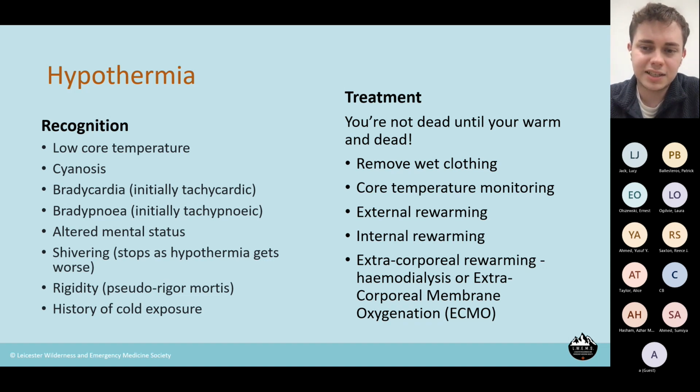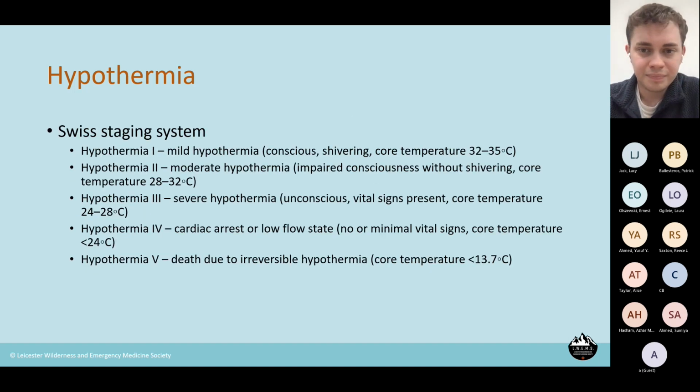You can do thoracic and peritoneal cavity lavage with warmed fluids and warm air ventilation as well. And then if all that doesn't work, you can progress and you can do direct warming of the blood. So taking the blood out, warming it and putting it back in again through hemodialysis or ECMO. And that's kind of the last line in terms of treating hypothermia.